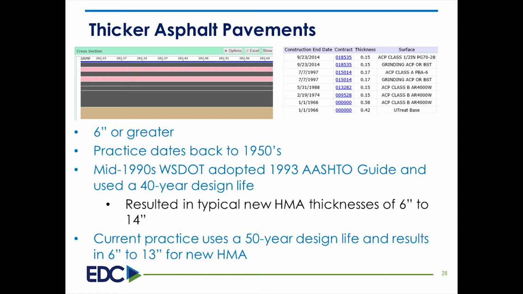So this is a very typical scenario for how we manage our asphalt pavements, is that with that mill and inlay, we're able to resurface and essentially renew that pavement structure.